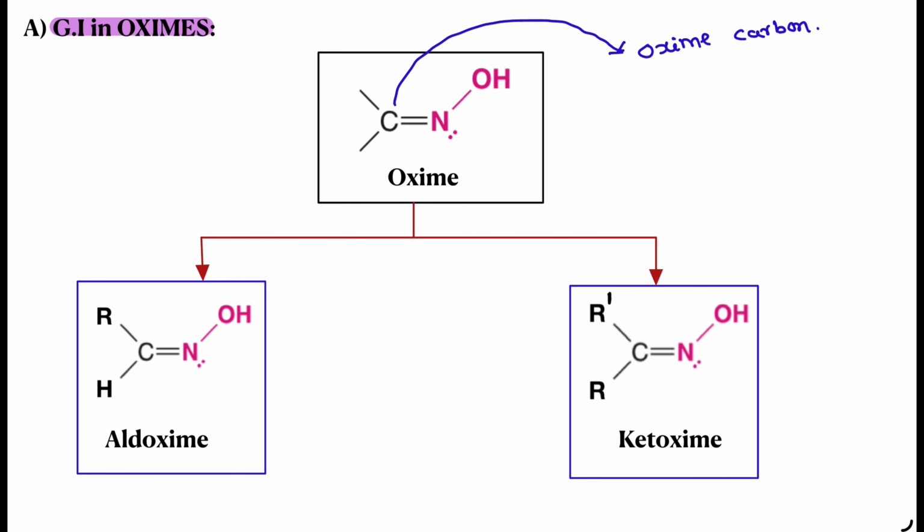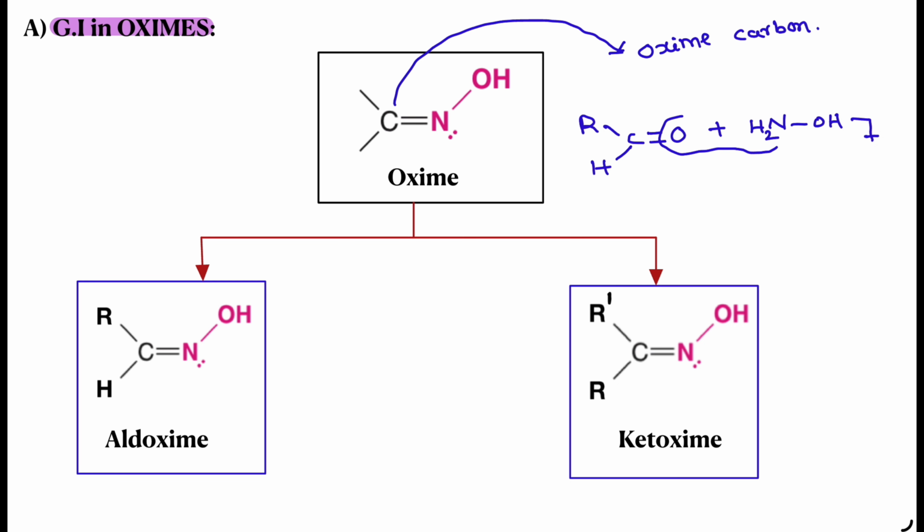They are aldoximes and ketoximes. Aldoxime is obtained from aldehyde, ketoxime is obtained from ketone. Basically, oximes are obtained when aldehydes and ketones react with hydroxylamine.